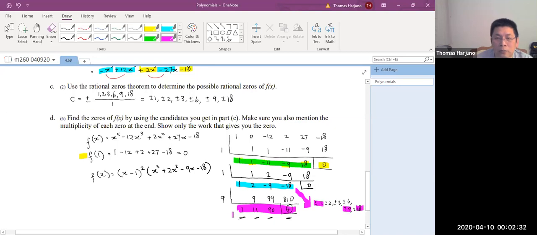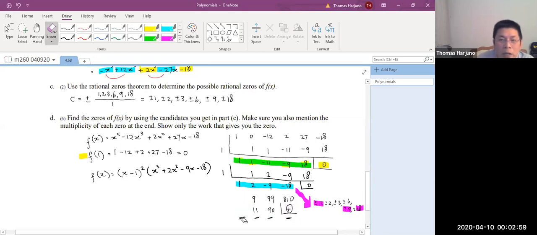Now, if 9 gives me all positive numbers on the third row, then any number greater than 9 will not be 0. Instead of finding the solutions, now I find who are not the solutions. And on my way to find that this 9 is not the solution, I also find out that 18 is not. Okay, so 9 is not.